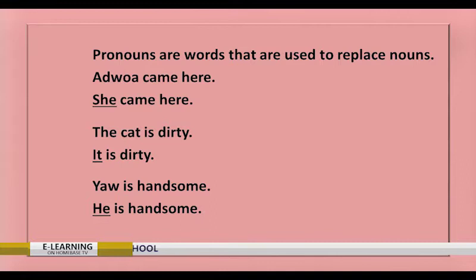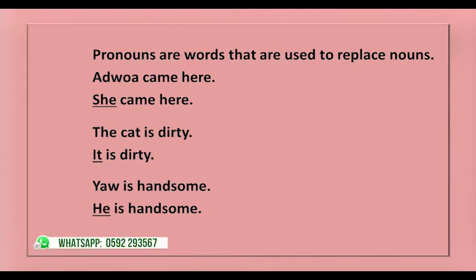We want to use another word in place of the cat. That is, it is dirty. So it becomes the pronoun. Good. Our last sentence again, we are saying that Yao is handsome. Okay, now what word are we going to use in place of Yao? We are going to use he is handsome. Good. I hope you've gotten what pronouns are.